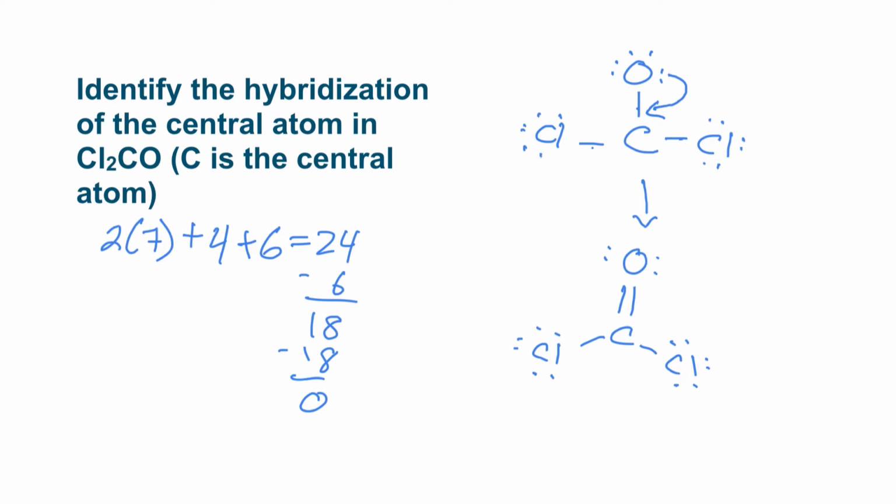The question said, what's the hybridization right here? The point is that this carbon is bonded to 3 things, right? Number of electron groups is 3. It's bonded to a Cl on the left, a Cl on the right, and an oxygen on top. So because I'm bonded to 3 different objects, this is going to be a trigonal planar geometry.